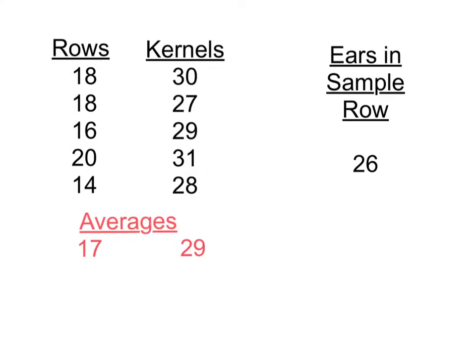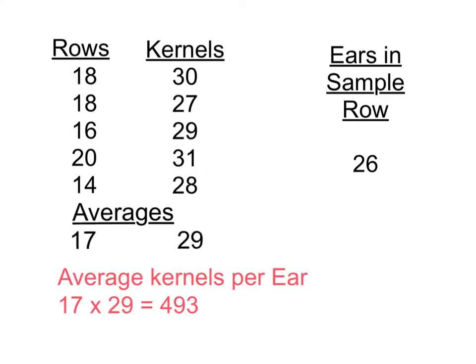This will give us the typical ear of corn for that entire sample. A little multiplication then gives us the total number of kernels on each average ear of corn. So 17 times 29, 493 kernels of corn on our typical ear.